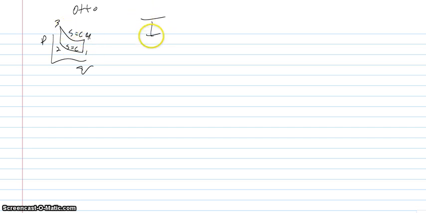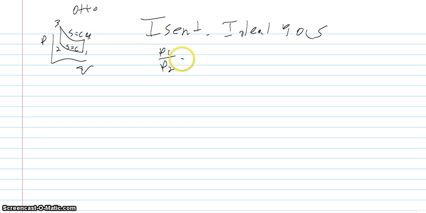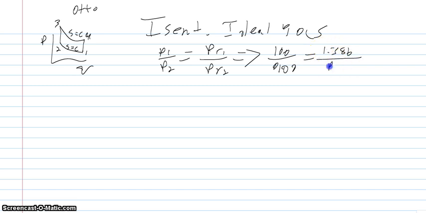So for an ideal gas, there's a formula, P1 over P2 is equal to PR1 over PR2. That'd be 100 over 900 equals 1.386 divided by PR2. If you do the math, PR2 equals 12.474. Awesome. So now we move on.